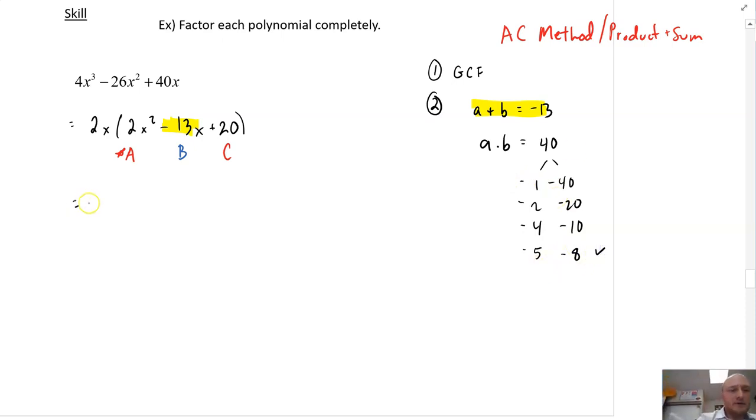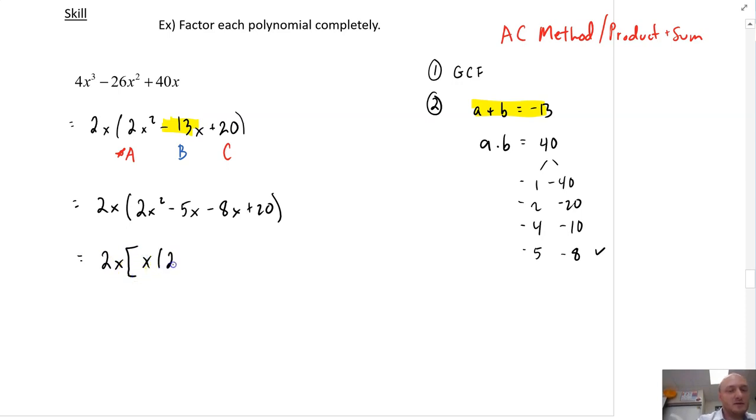So I'll rewrite this: 2x squared, and I have to rewrite my 13x, so I'll say minus 5x minus 8x plus 20.